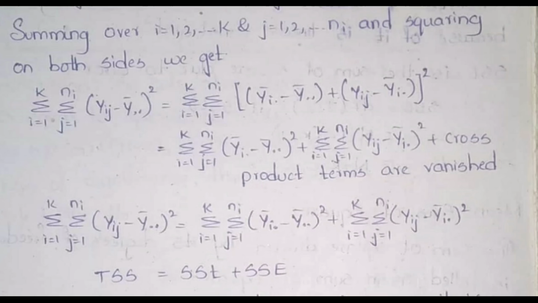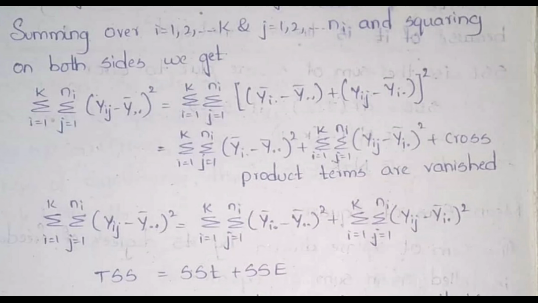Applying this form, we get double summation i ranges 1 to k, j ranges 1 to ni, y bar i dot minus y bar double dot whole square, plus double summation i ranges 1 to k, j ranges 1 to ni, yij minus y bar i dot whole square, and the cross product terms vanish. Since the observations are independent, the cross product terms vanish because of the covariance term: if x and y are independent random variables, then the covariance of x comma y equals 0.